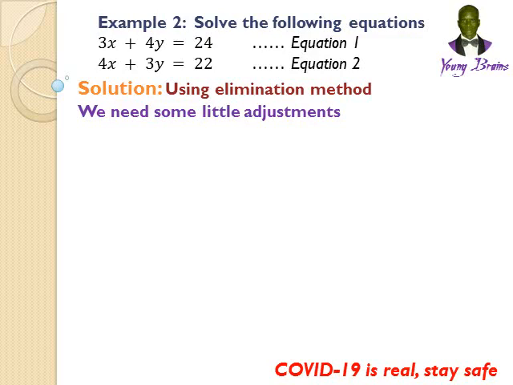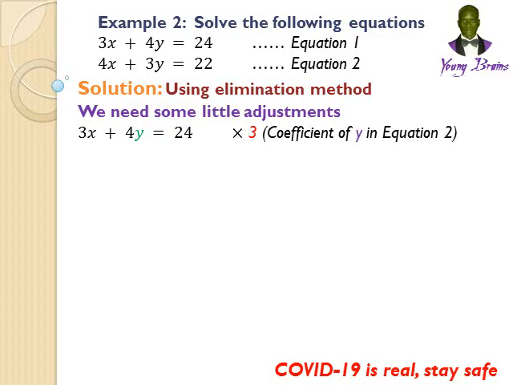That is, we need to make the coefficient equal, and to do that we have to take the coefficient of y in equation 2 to multiply equation 1, and take the coefficient of y in equation 1 to multiply equation 2.